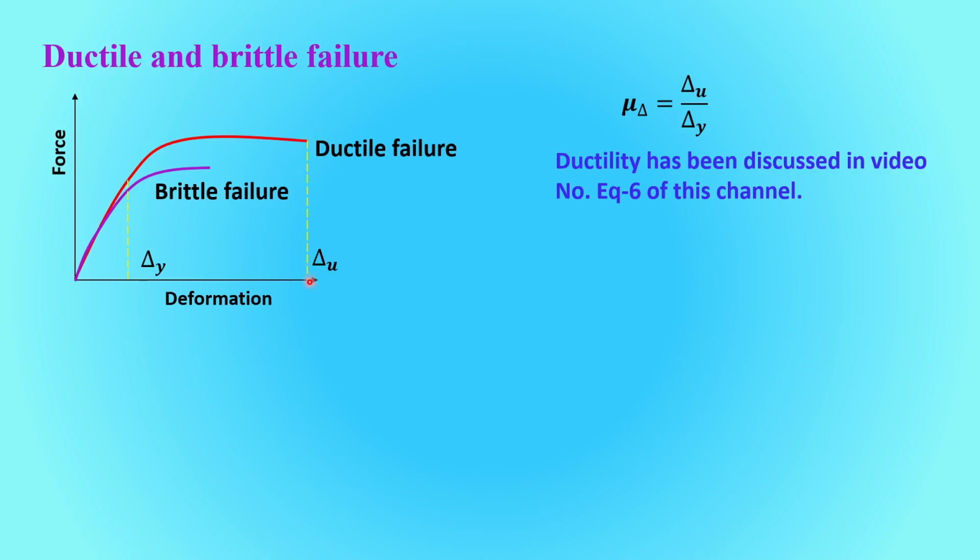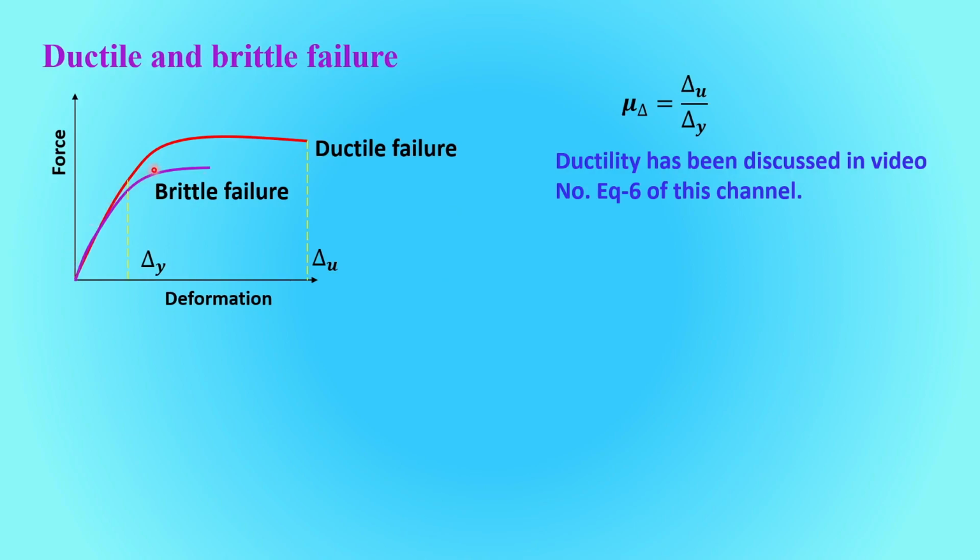That is the ultimate displacement, and the point where it has yielded is the yield displacement. We have seen in our previous video that the displacement ductility mu delta is given by delta u by delta y. In our video number EQ6 we have discussed ductility.